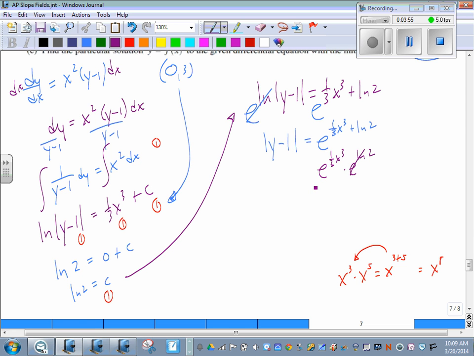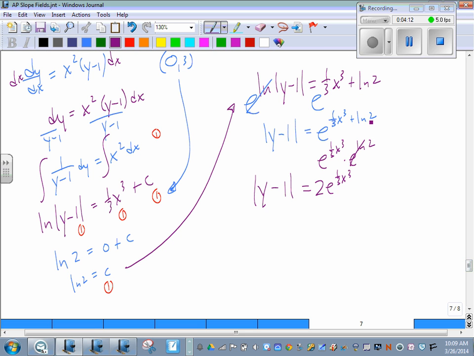Right, so really, this is the same as 2e to the 1/3 x cubed. Alright, so that just simplifies things a little bit. Like I said, if you left it like this and kept on with the problem, finished it, they would not take points off. That's still acceptable. But I just want to show this in case it was something that might come up in the multiple choice.